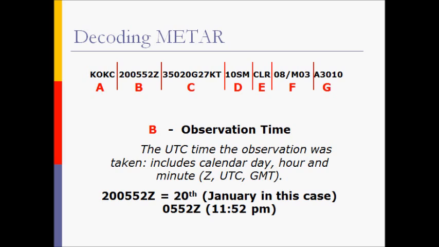But during daylight savings time, when we shift our clocks an hour forward, UTC is 7 hours ahead of Pacific time zone, 6 hours ahead of the Mountain time zone, 5 hours ahead of the Central time zone, and 4 hours ahead of the Eastern time zone. Does this make sense?